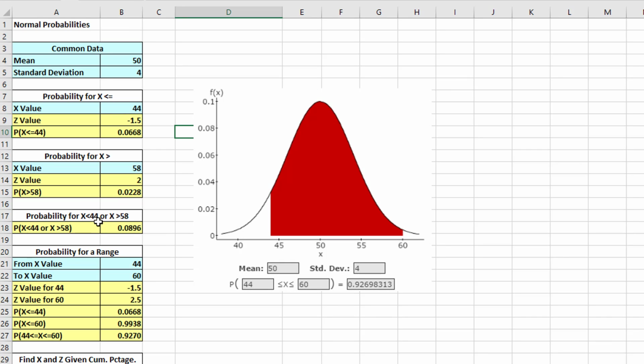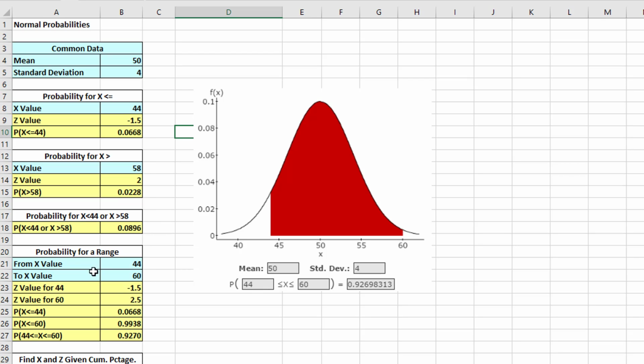Probability in the range is 0.0896, and it gives you the information here for that range. And I'm sorry, this is the area in the tails, less than 44 or greater than 58. I forgot that it gives you that, 0.0896.